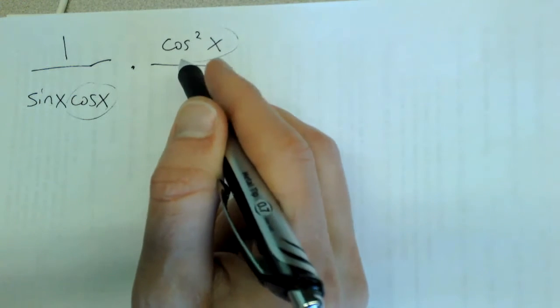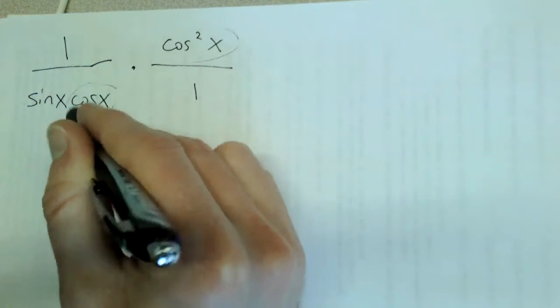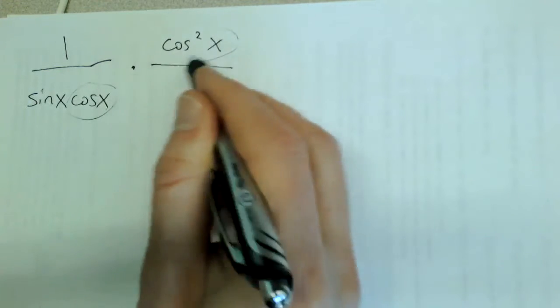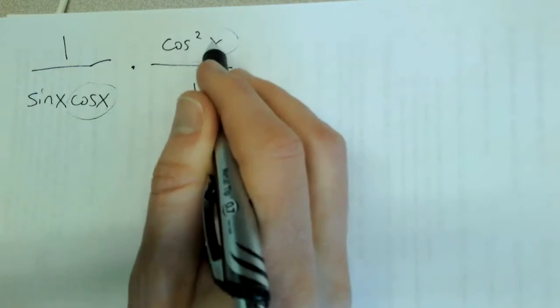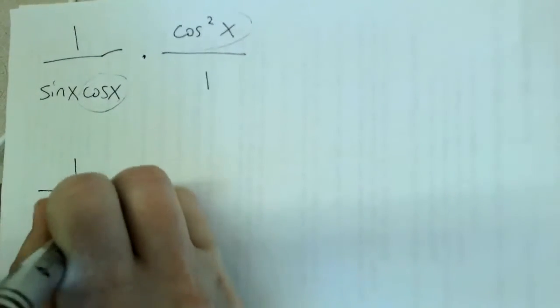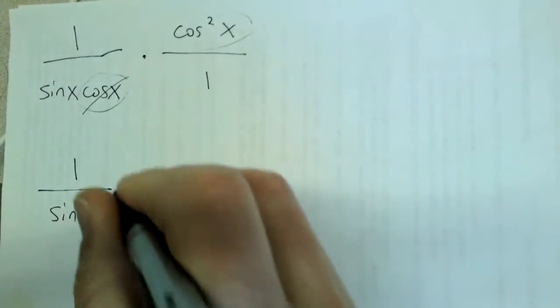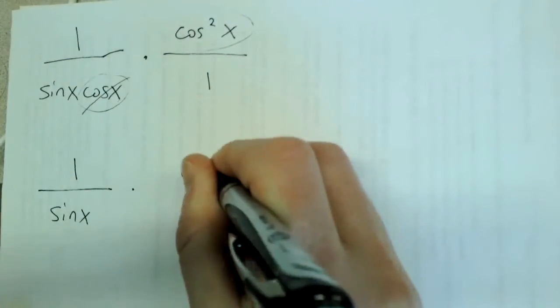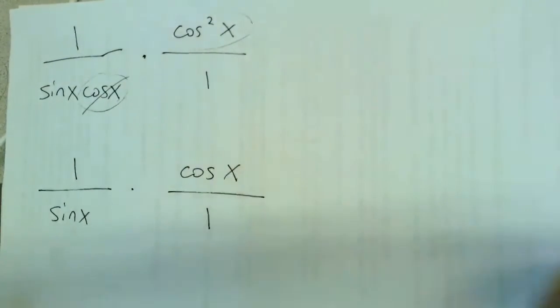Is that okay? It's as though you had an x down here and an x squared up here, right? After cancellation, you'd still have 1 copy of x up top. So that's going to leave me with 1 over just sine of x, right? Times, and like I said, I still have 1 copy of cosine up top.